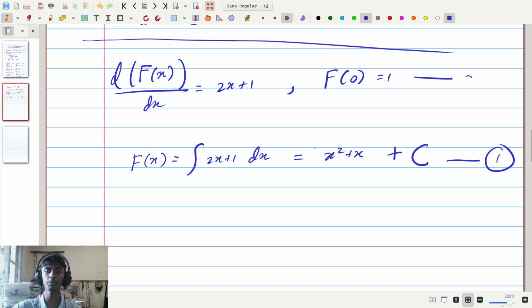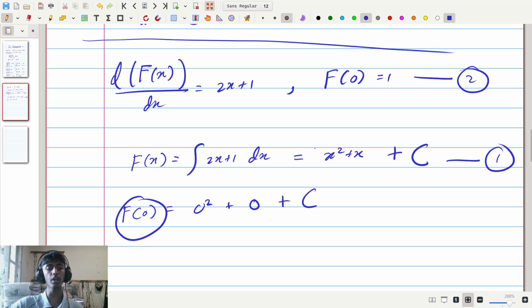The second bit of information, F of 0, is now going to be handy here. From this we know that F of 0 must be, substituting the 0 into these, 0 squared plus x, which is 0, so plus 0 plus capital C, is equal to F of 0, which we know is equal to 1. So therefore this is equal to 1. Therefore we get that c is equal to 1.